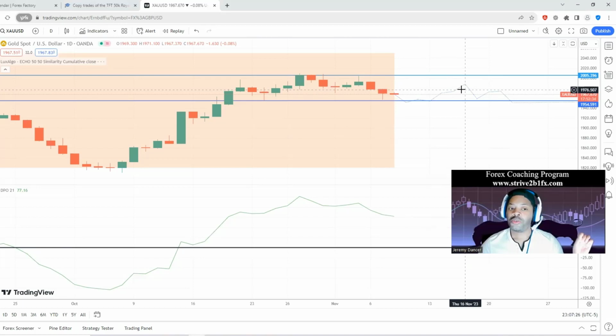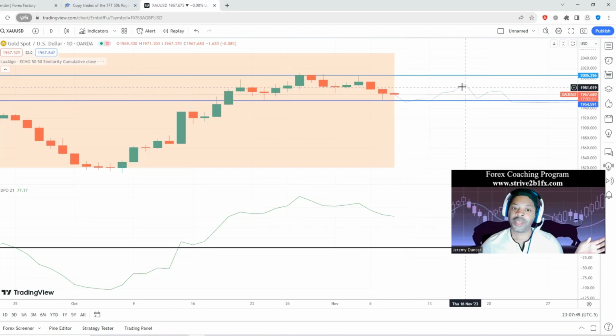Or what you could do is maybe a sell stop order. But if you use a sell stop order, you probably want to be extra cautious and maybe put your sell stops around 1945, because if the price drops to 1950, it still might pull back.